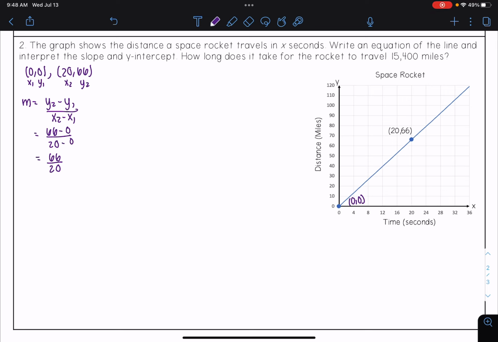And when you simplify that, that means that m is equal to 33 over 10. So I have that my slope is m equals 33 over 10. And I know my b here is equal to 0 because my y-intercept is at 0. So I can automatically go straight to my equation that it is y is equal to 33 over 10 x. You could put plus 0, but you're not adding anything, so we'll leave it like this.